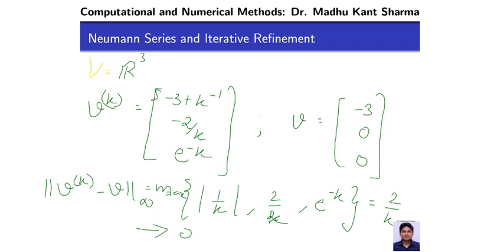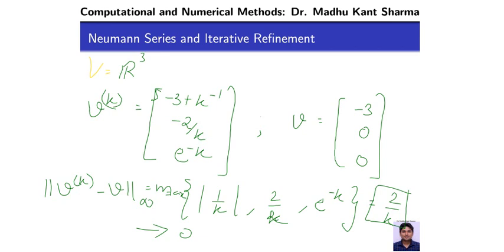This maximum, e to the power minus k, goes to 0 exponentially.